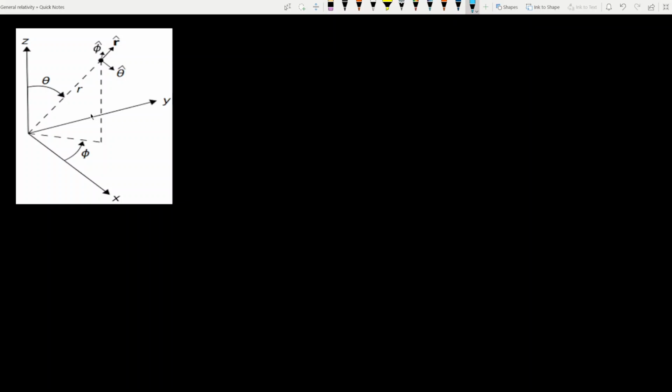So let's just write our x coordinate, y coordinate, and z coordinate of this vector right here, say vector r. What are the x coordinate, y coordinate, and z coordinate?